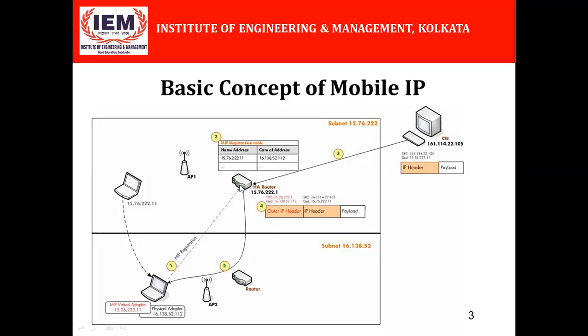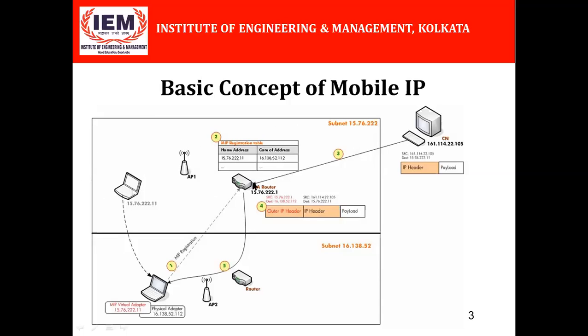In a similar way, when I want to transmit information from the corresponding node to the home agent, and then the home agent directly communicates with the mobile node present under access point 1, there is no more requirement of a new destination address, because it knows that the node is present under my subnet mask, my particular domain.